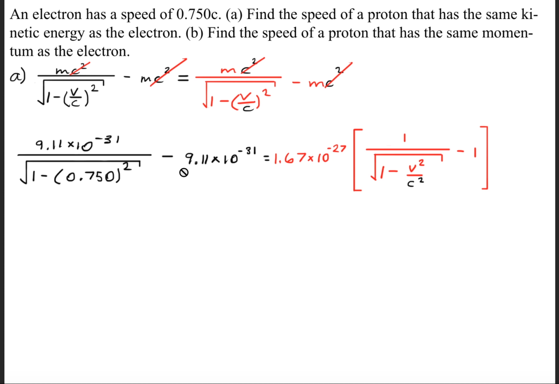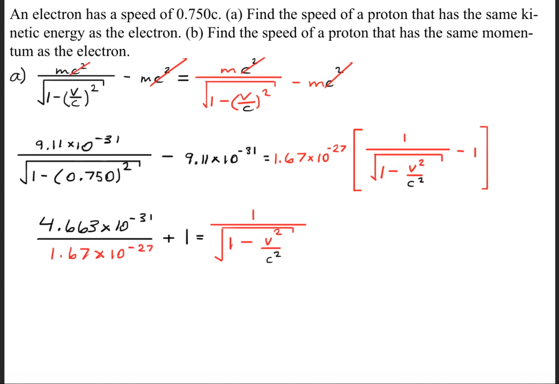And once again, I'm going to subtract the mass of the electron. What I did here is I factored out the mass of the proton. And the mass of a proton is 1.67 times 10 to the minus 27 kilograms. Afterwards, I reduced this into one numerical number, which was 4.663 times 10 to the negative 31st, and I divided by the mass of the proton right here.